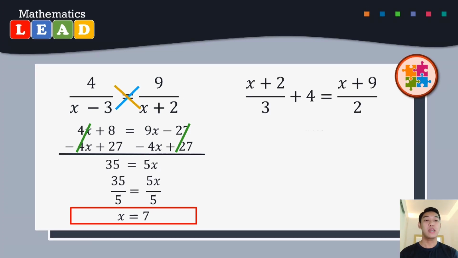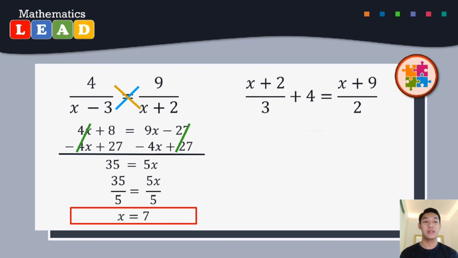Now, let's say that we have x plus 2 divided by 3 plus 4, and let us say that it is equal to x plus 9 divided by 2. Find the value of x. The least common multiple of 2 and 3 is 6. So let's multiply everything by 6 to get rid of the fractions. 6 divided by 3 is 2.